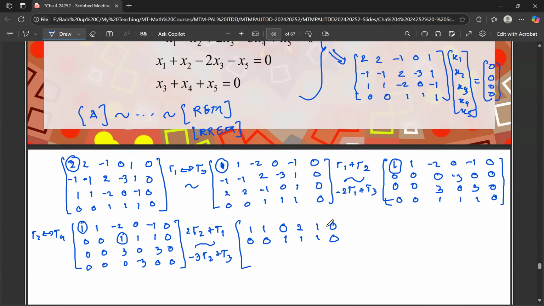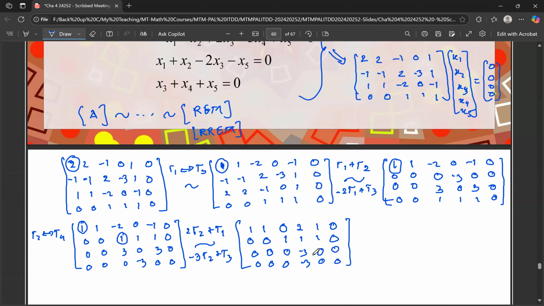For the third row, this will be 0, -3 here, this is -3, and this is 0. The rest is not affected, so we can keep -3, 0, 0.